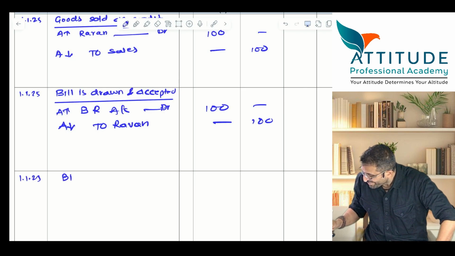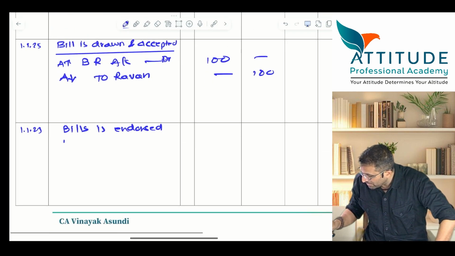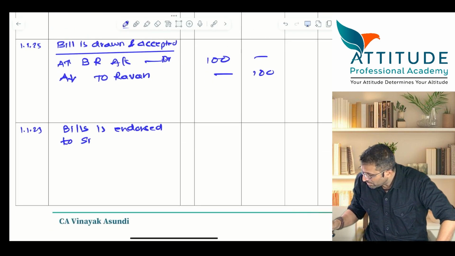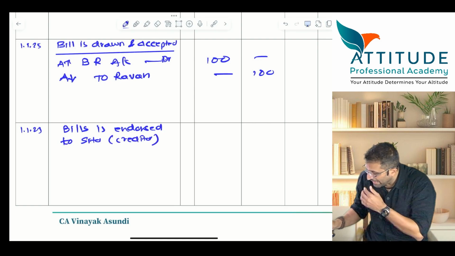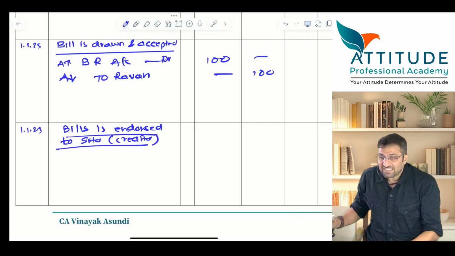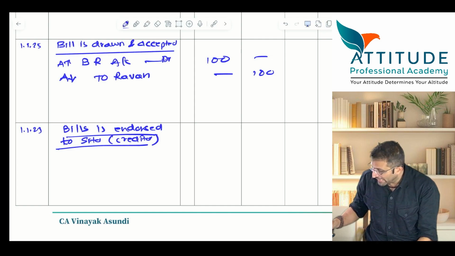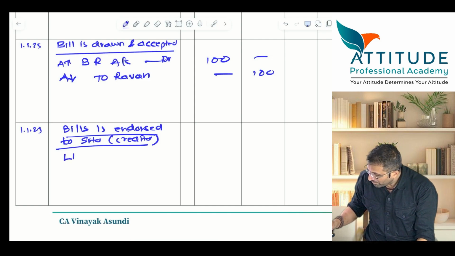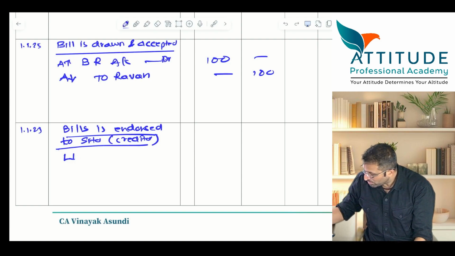Bill is endorsed. Obviously, bill is endorsed to Sita, no? Who is the creditor? Now tell me, your Ram, Sita is a creditor. Liability reduces, no? Entry.